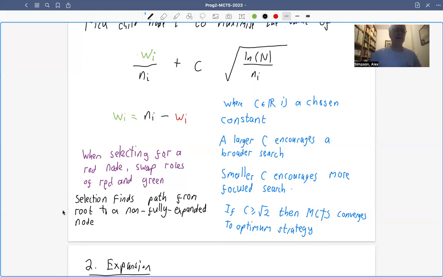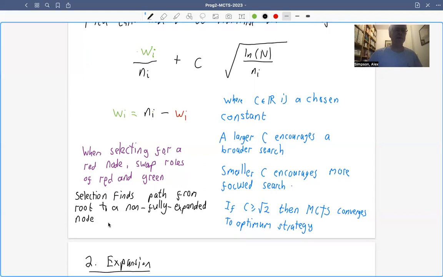So anyway, selection finds a path from the root to a non-fully expanded node.